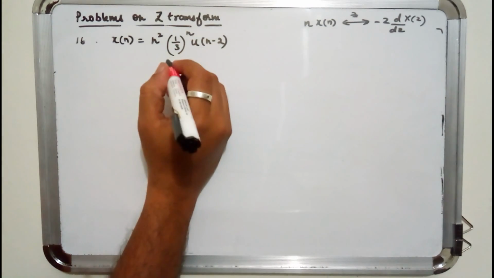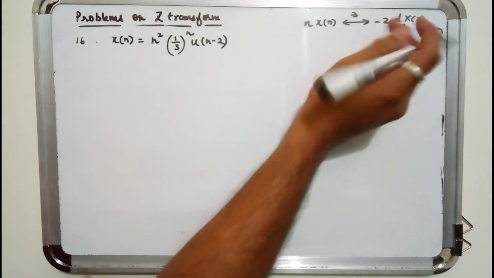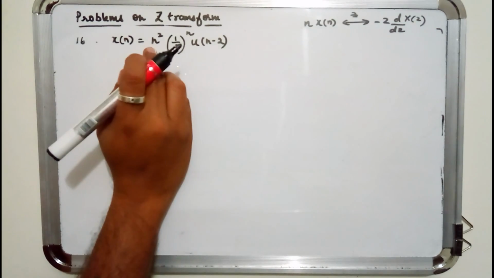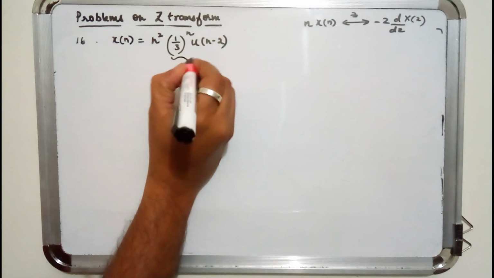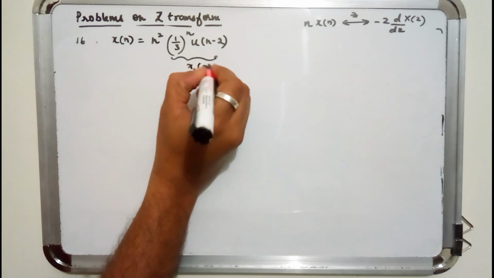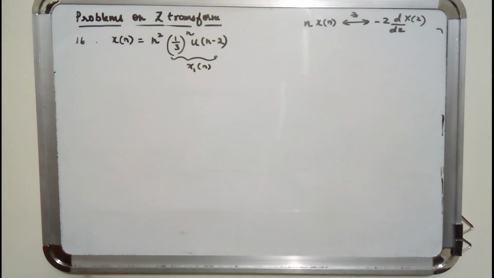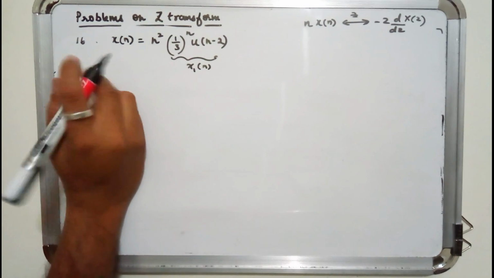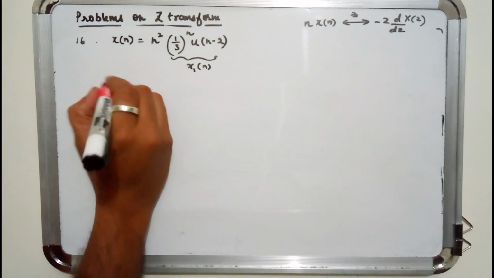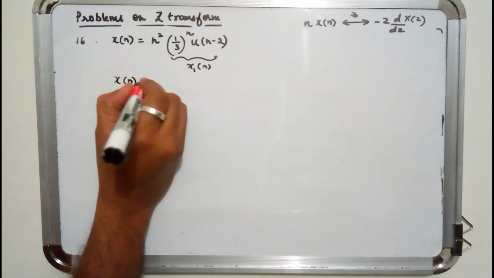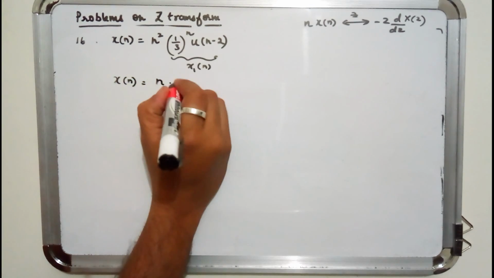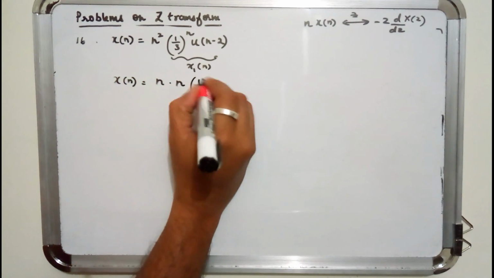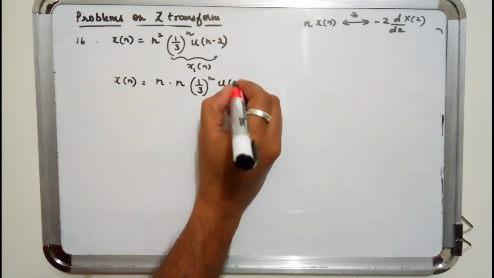Now remember, if n into x of n, I need to differentiate that. So I have n into, I can take this as x1 of n, right? Now I need to find x of z, so this can be written as x of n is equal to n into 1 by 3 power n u of n minus 2.